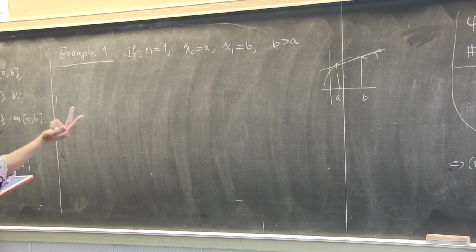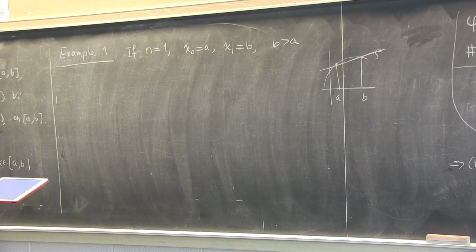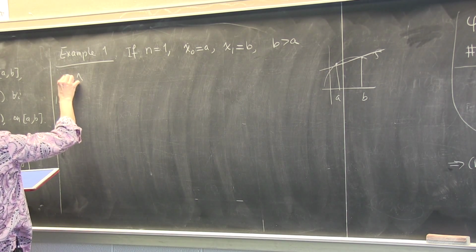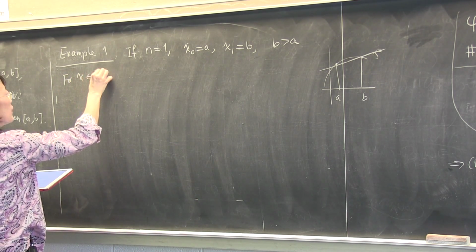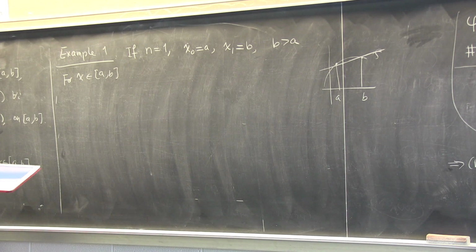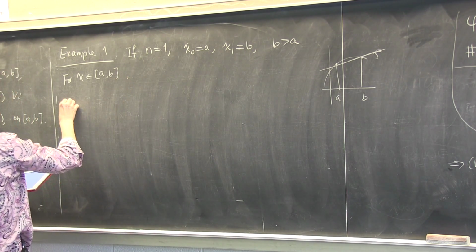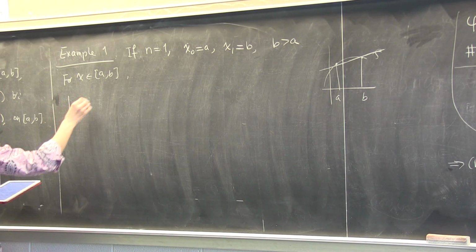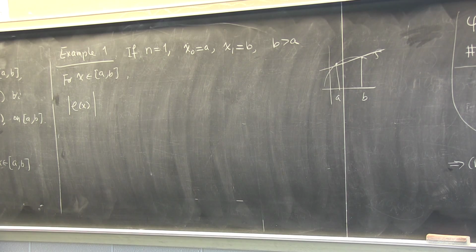Okay, let's say f is defined only on that interval. And then for x on the interval from a to b, where my function is defined, what do we have for the error? So e of x, let's get a bound. Let's look at the absolute value of it.